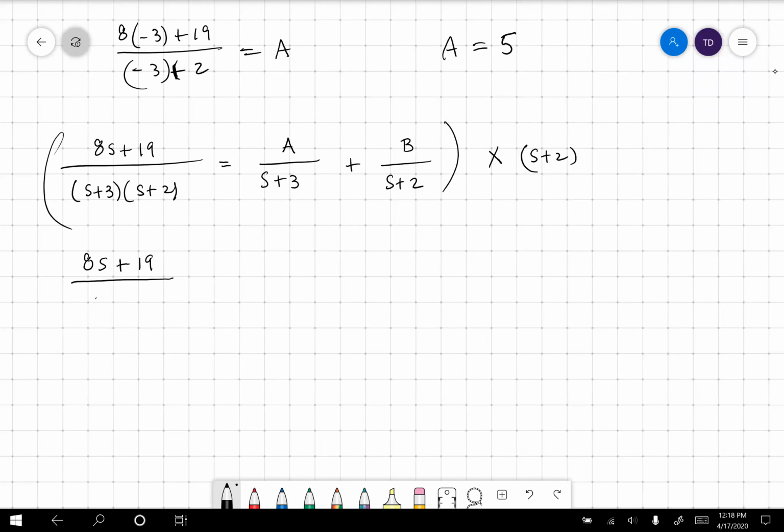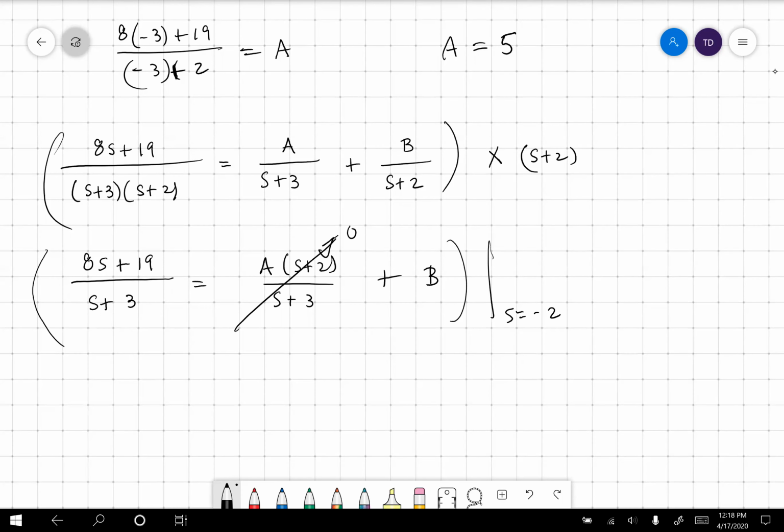On this side, the s plus 2 will disappear, and I'll end up with just an s plus 3. Over here, I'll have A times (s plus 2) divided by (s plus 3), and then B gets isolated by itself. Now when I evaluate this when s is equal to minus 2, that term will go to 0.